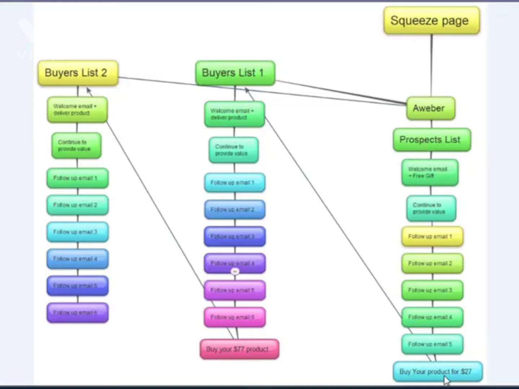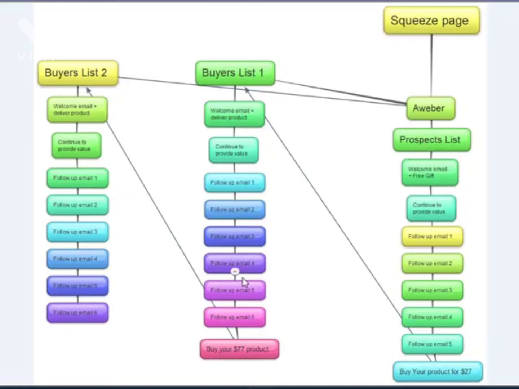So say you sold your first product for $10 to one of your customers, or to a prospect which then becomes a customer, so he then gets transferred onto your buyers list, and you sold a product for $10.